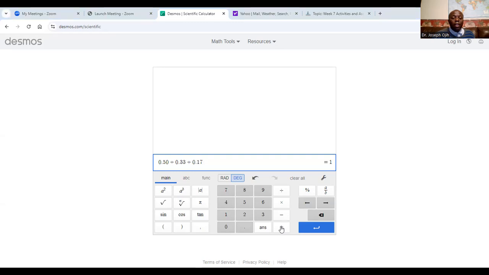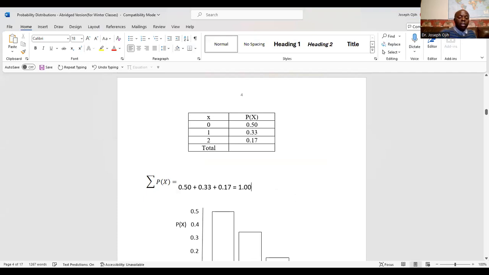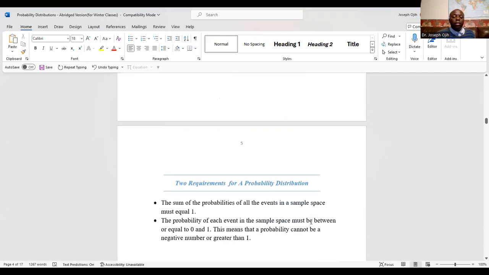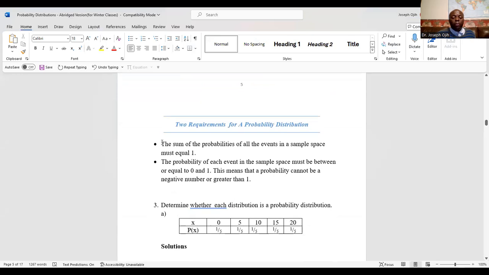So that means if the total is not 1, that distribution is not a probability distribution. That's what this formula, this characteristic says.